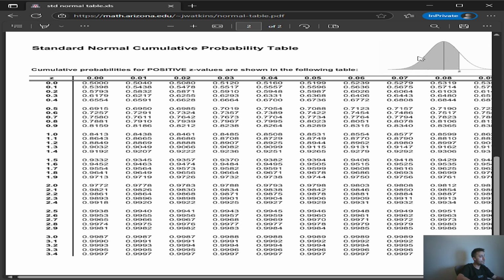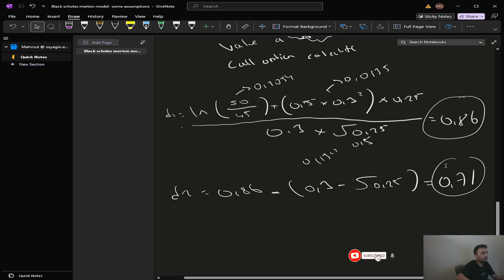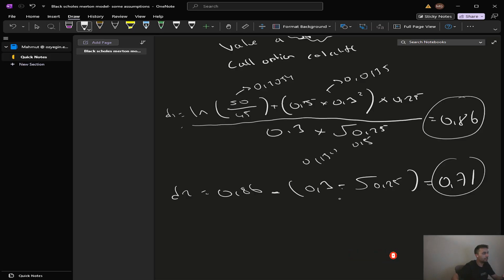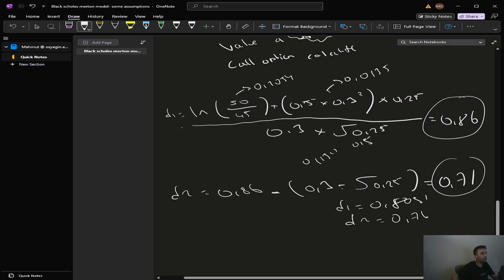Now you should decide, we have to understand negative and positive sides in this part. We find our probability in the standard normal distribution table.